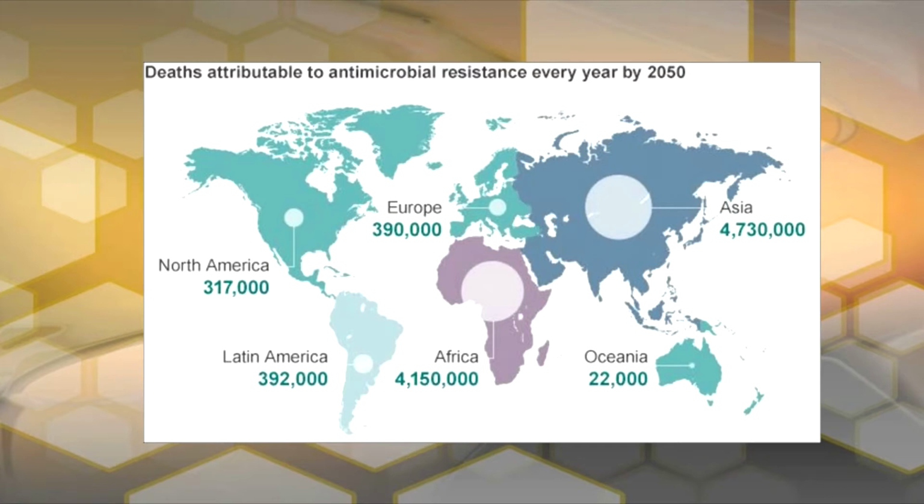In places like Asia and Africa, there are going to be around 4 to 5 million people dying because of antimicrobial resistance, and in places like America and Europe, they are going to have around 3 to 400,000 people dying because of this.